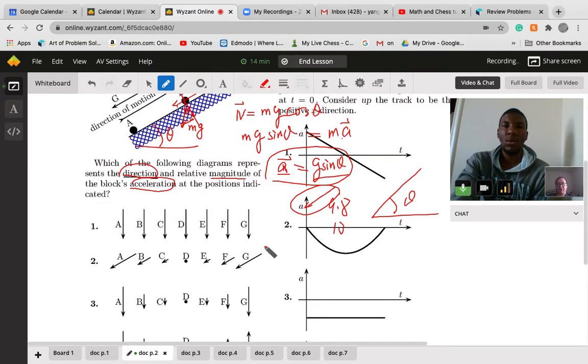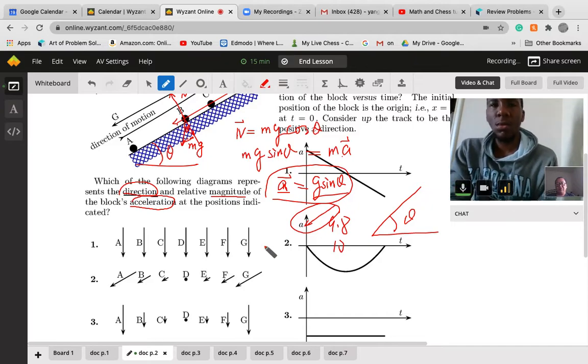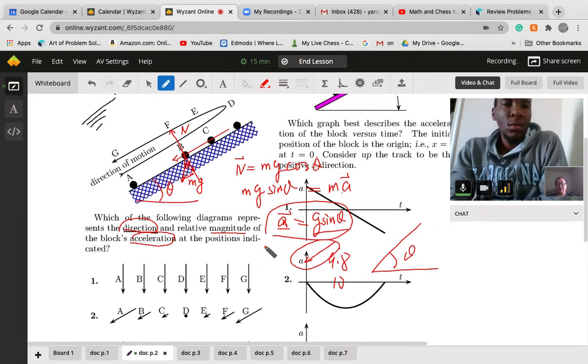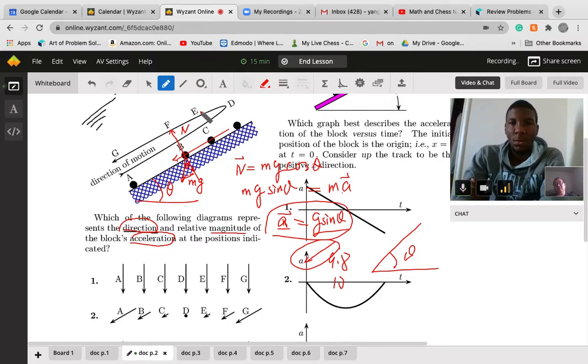So which of the following diagrams represents the direction and relative magnitude of the block's acceleration at the positions indicated? Now let's see. A, B, C, D, then E, F, G, direction of. Oh, relative. What I talked about here is absolute.